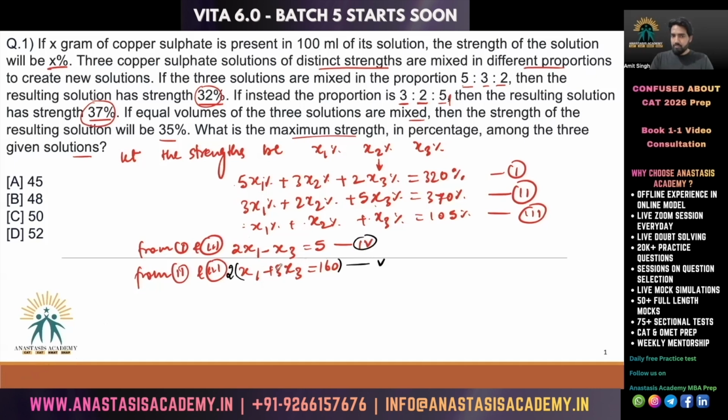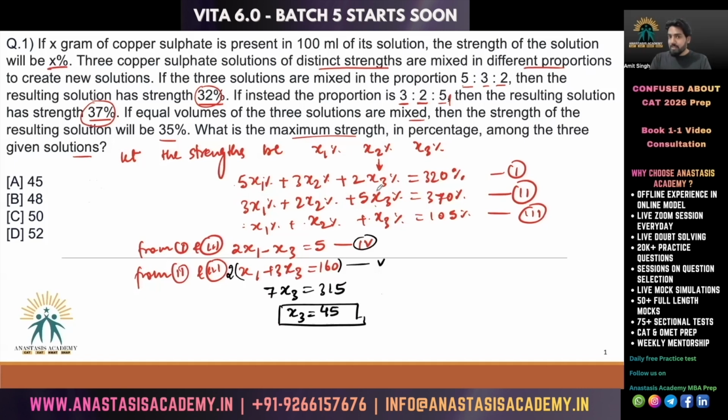I would get 6 plus 1 is 7 times x3 is equal to 320 minus 5, that is 315. So I got the value of x3: 7 times 4 is 28, 7 times 5 is 35. So x3 is 45, and it must be the highest strength. It must be the maximum strength among the three solutions.